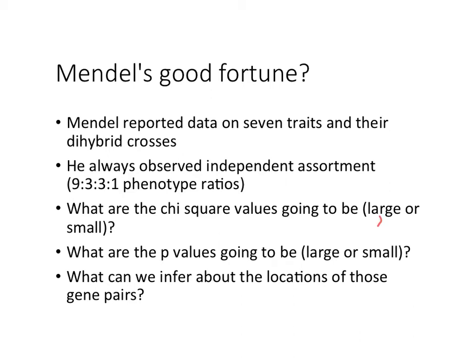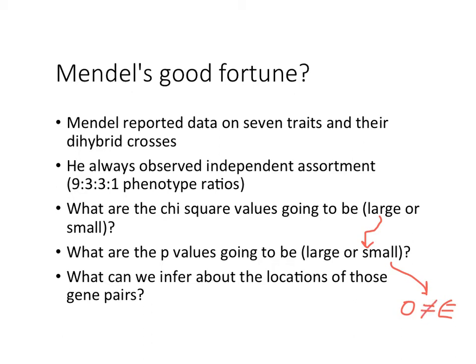So a very large chi-square value leads to a very small p-value. If you go back and look at the chi-square table, what happens when it's a small p-value? That means the observed and the expected values match or don't. Small p-value, p less than 0.05, observed is equal to or not equal to expected? It's not equal to.